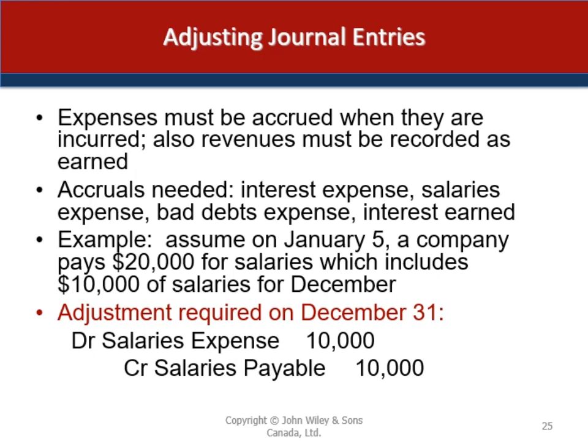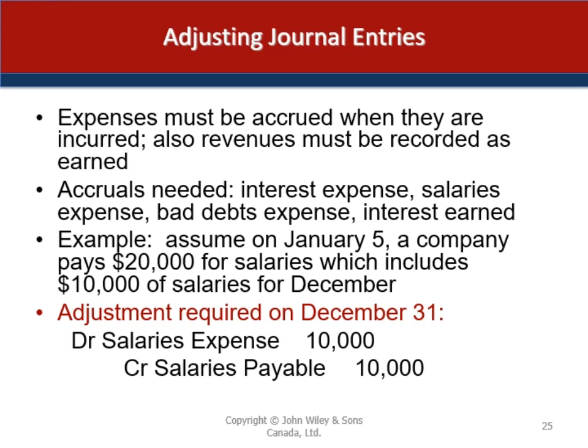This would be a case where you might have a reversal entry after you prepare the financial statements. You might take the interest payable that you had set up and reverse it, so that when we actually pay the interest in the future period, we wouldn't need to worry about how much of it was accrued as payable and how much of it was just normally paid as interest expense.